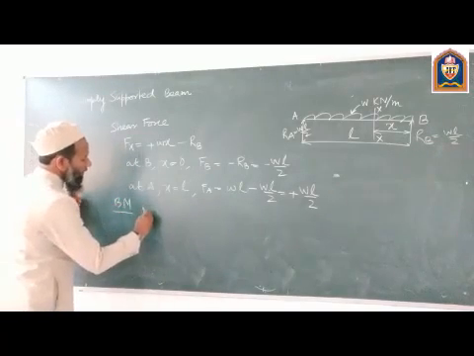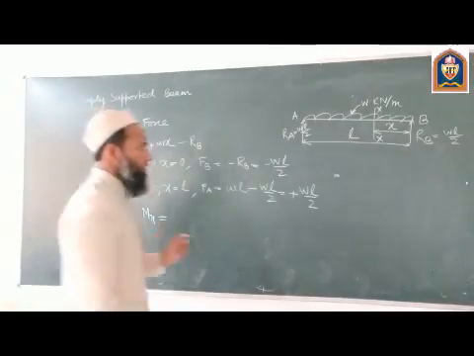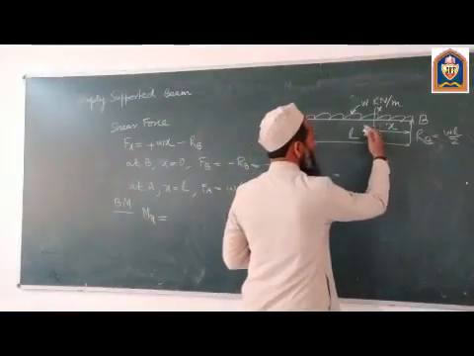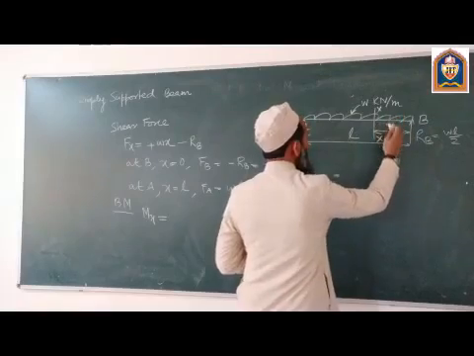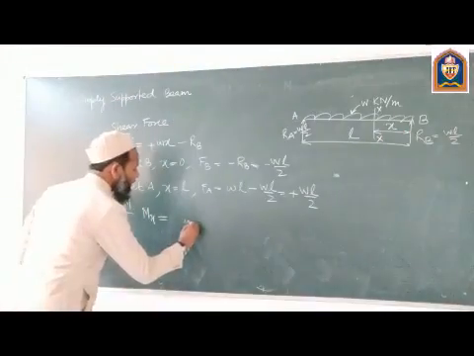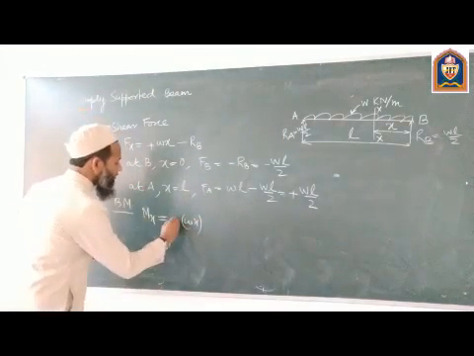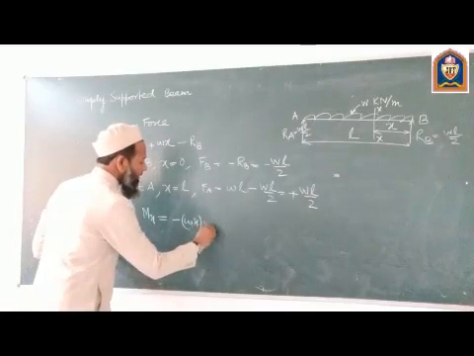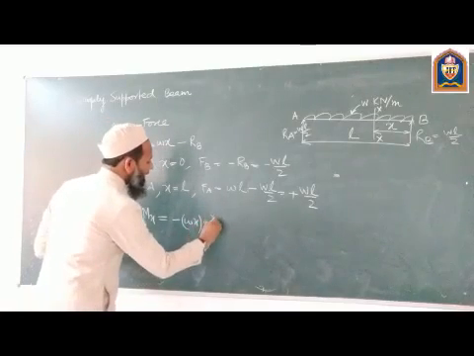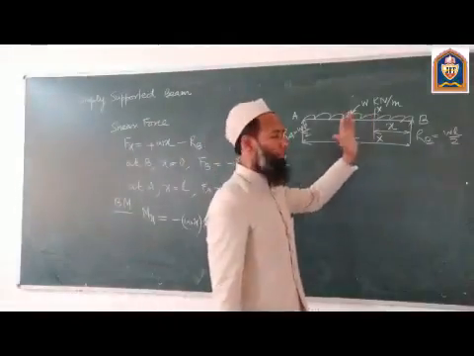moment. So the general equation for the bending moment will be, the force, the uniformly distributed load on the right side is W into x. So this load W into x will take the beam down. So it is a case of hogging, and this W into x is acting at a distance of x by 2 from the section.